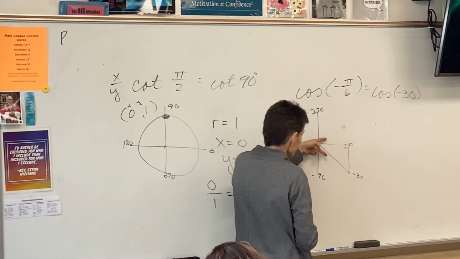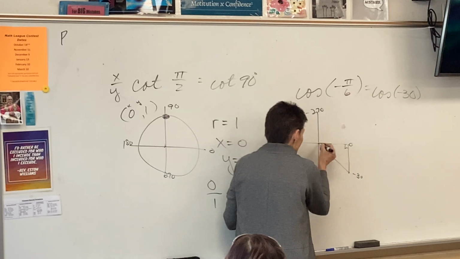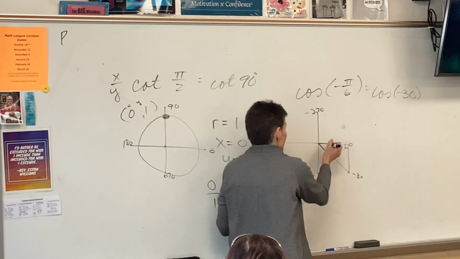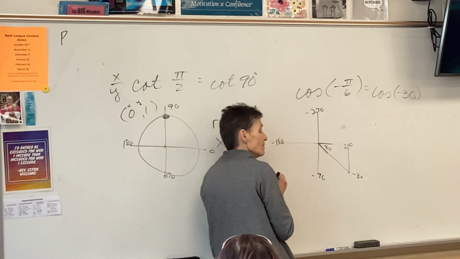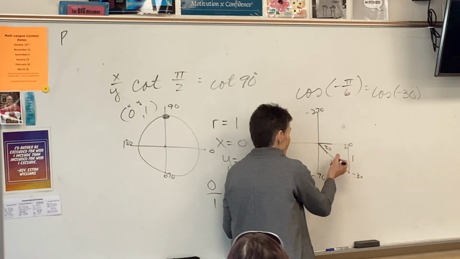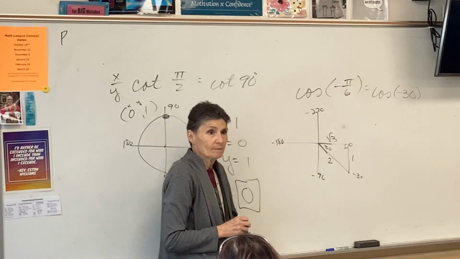Now, this angle right here is the key to everything. How big is that angle? 30. And then I have to know that across from the 30 is 1, the hypotenuse is 2, and the other side is root 3.